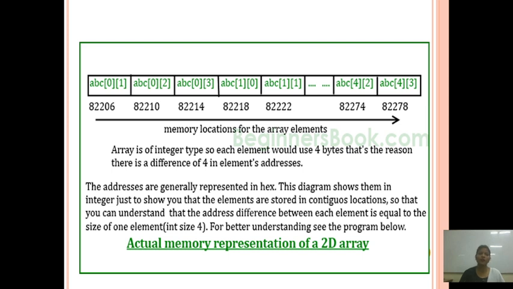Then the second element will consume another 4 bytes that will start from 82210, 82211, 82212, and 82213. Right. Here I have taken these memory locations for example only. Actually the memory locations will be represented in hexadecimal numbers. Here I have taken these numbers just for example, right?